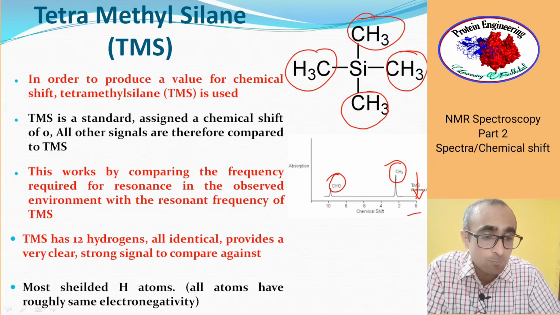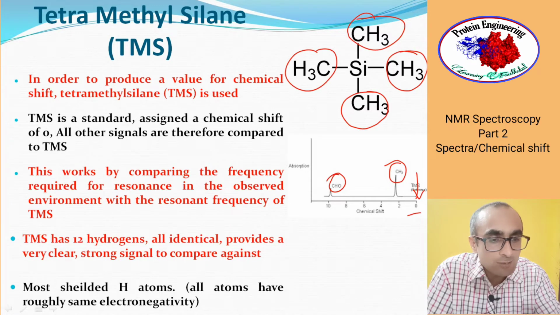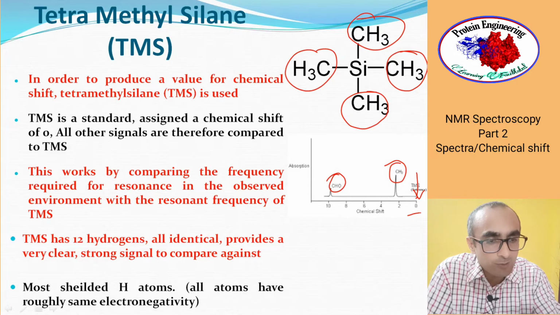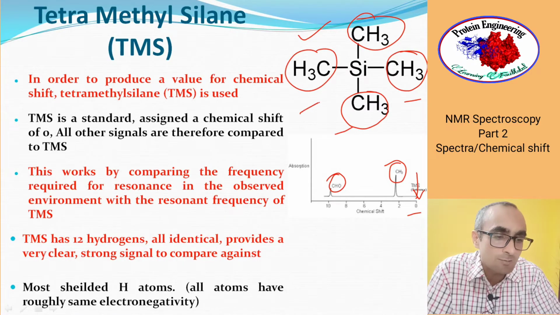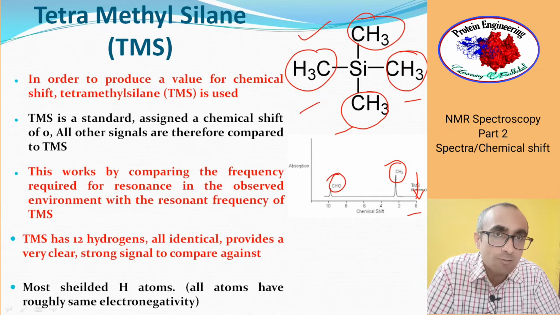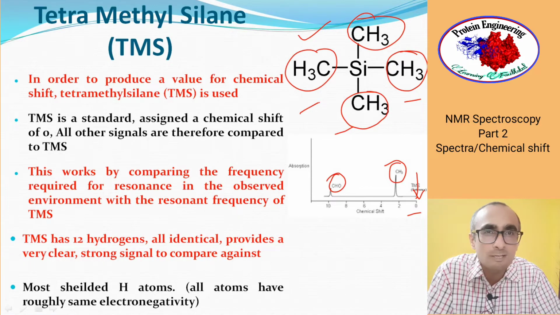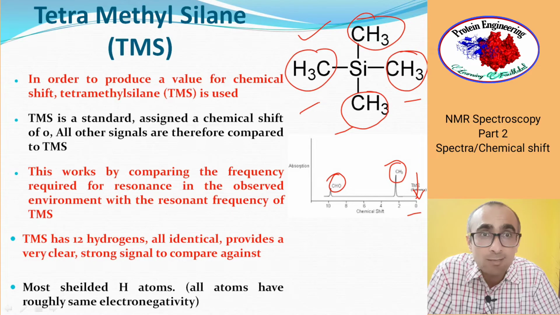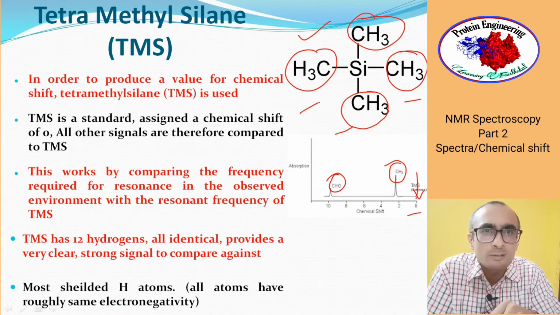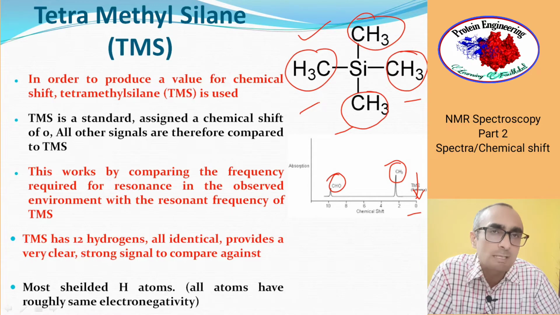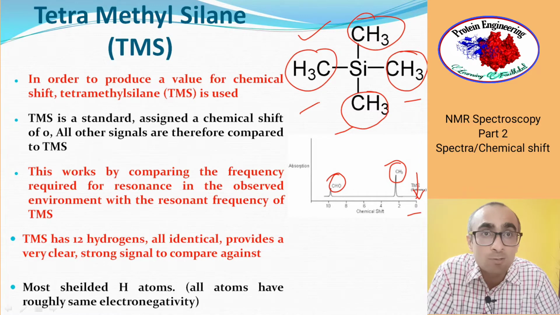Because there are 12, 3 into 4, there are 12 hydrogen atoms in this compound, and all these 12 hydrogen atoms are at equivalent positions. Equivalent position means they will give rise to a single peak. That's the first thing. Second, silicon, carbon and hydrogen are not very distinct in terms of electronegativity. That's why this compound is called the most shielded compound. Most shielded compound means it will require the least energy.